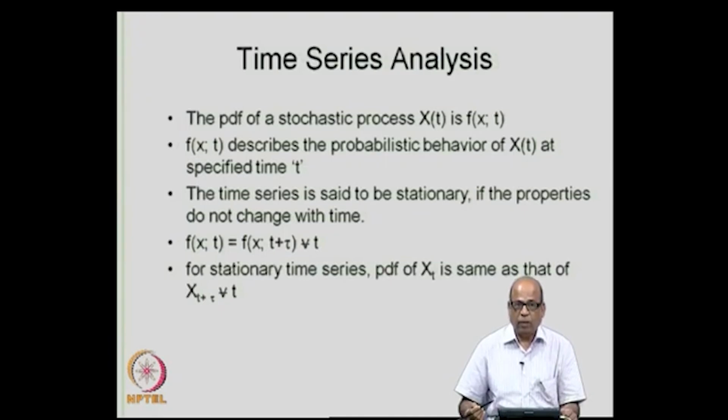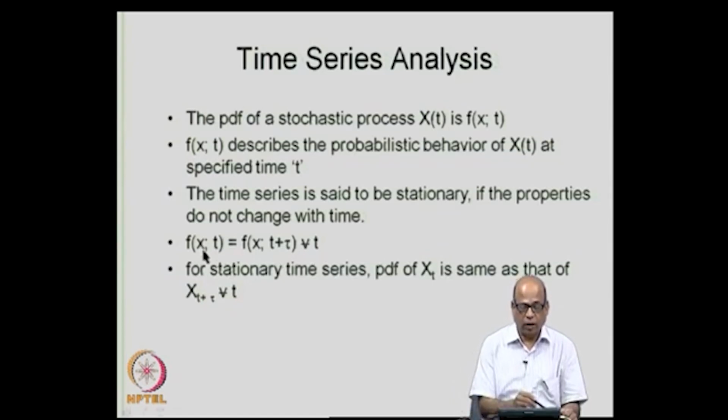If the PDF f of x comma t is the same across time periods, that is, as time changes the PDF does not change, then the time series is said to be stationary.